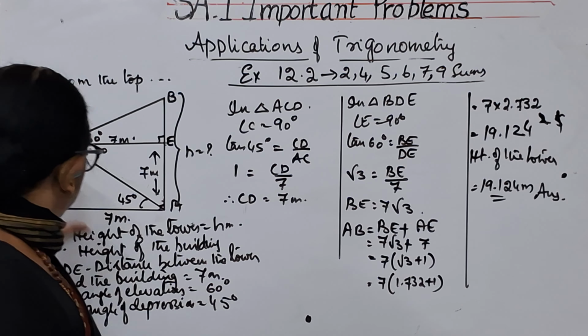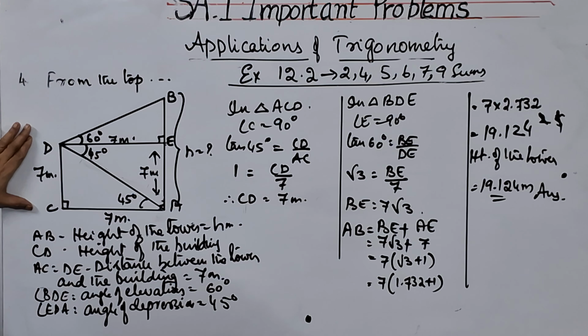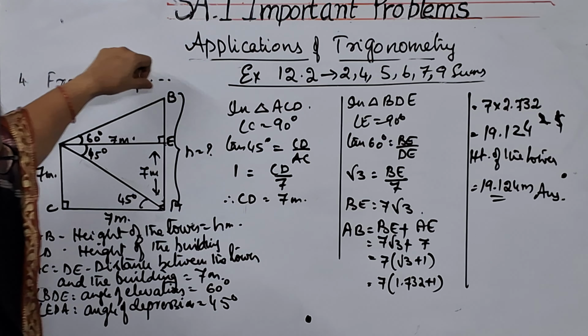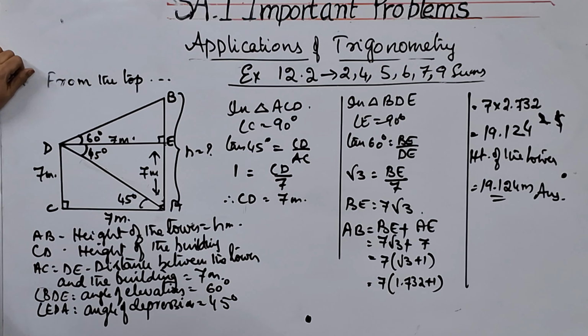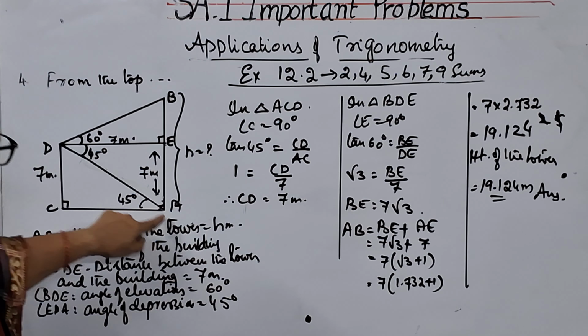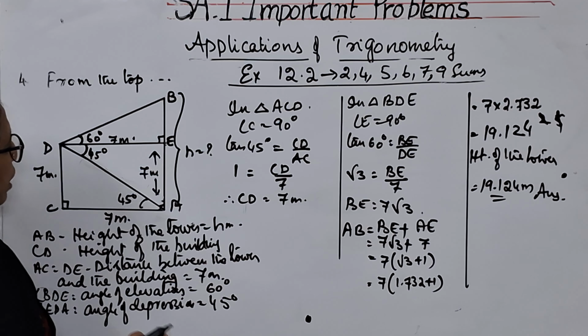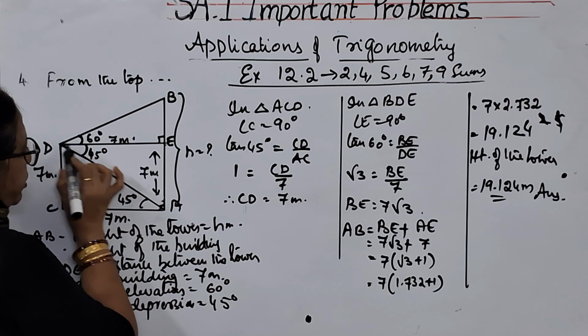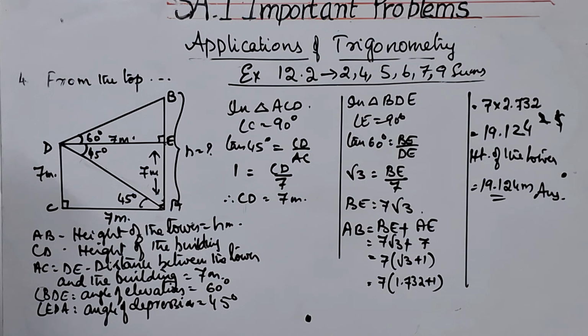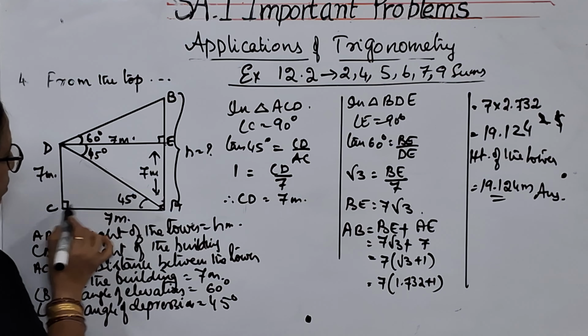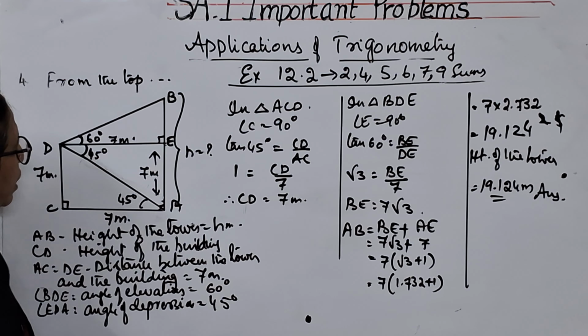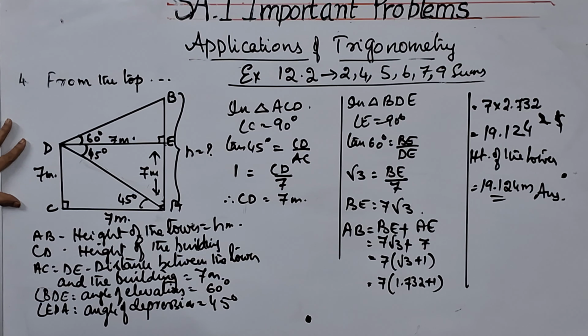From this building, he has observed angle of elevation of the top as 60 degrees, angle of depression as 45 degrees. So, whenever you have angle of depression, you have to draw this line, children. So, we are getting now, this is one triangle, this is one triangle. In both the cases, we are able to find out the height of the tower AB.